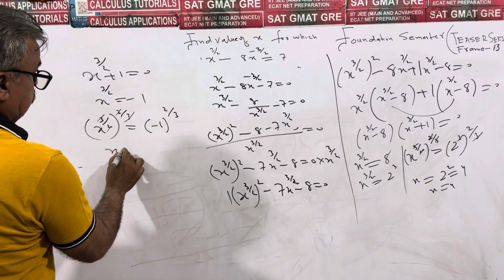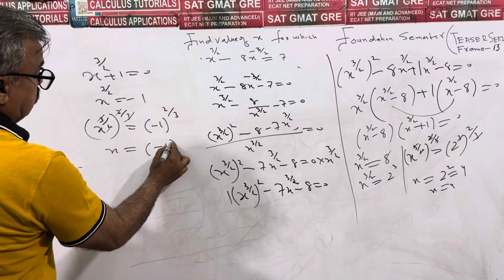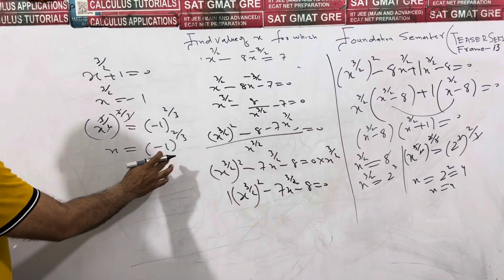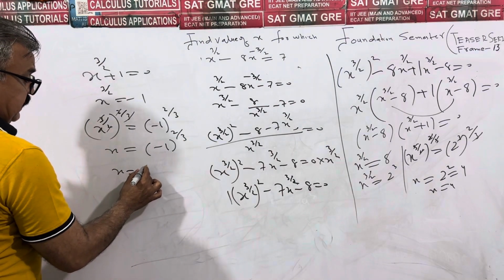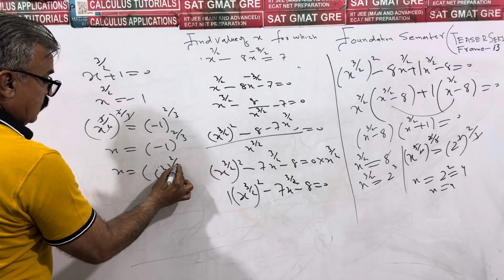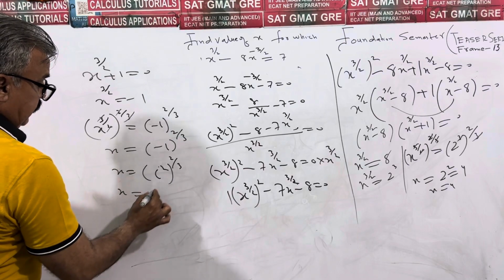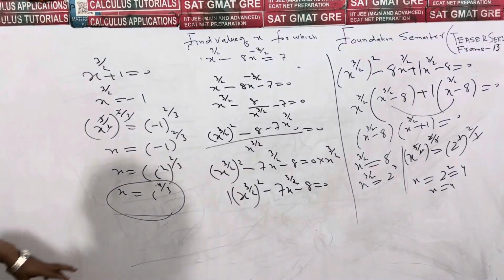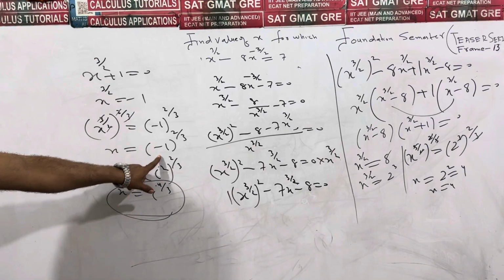Minus 1 is the value of iota square, so iota square raised to 2 over 3 is going to be iota raised to 4 over 3. And it is not a real root.